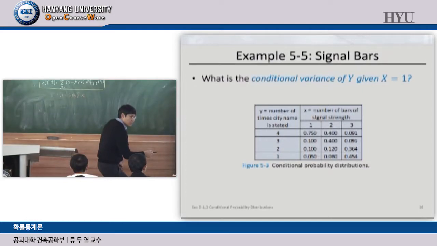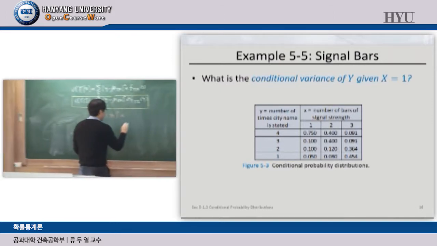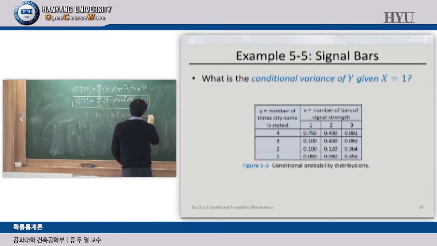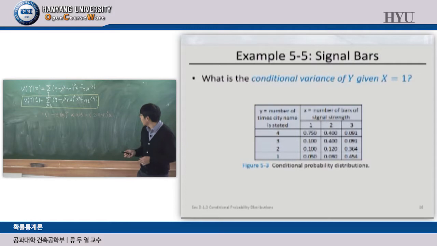So 1 minus 3.55 squared times 0.05, plus 2 minus 3.55 squared times the conditional probability mass function when y is equal to 2 and x is equal to 1, that is 0.1 here.